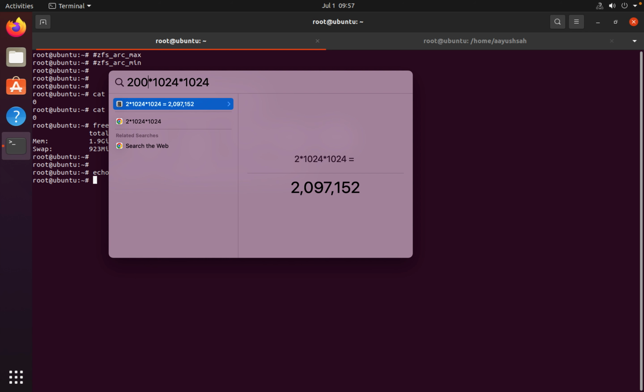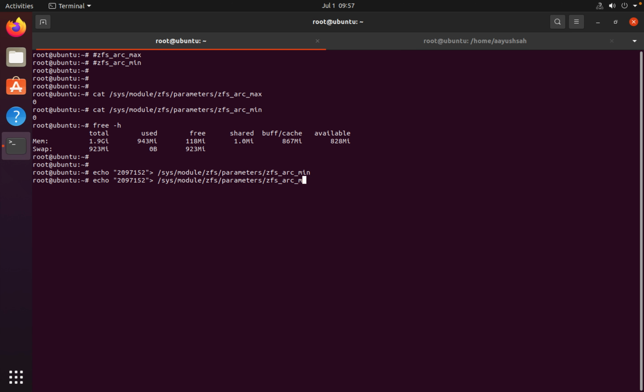Similarly for max we'll be using 200 MB. So 200 MB to KB to bytes should be around this value, 209715200, and hit enter.